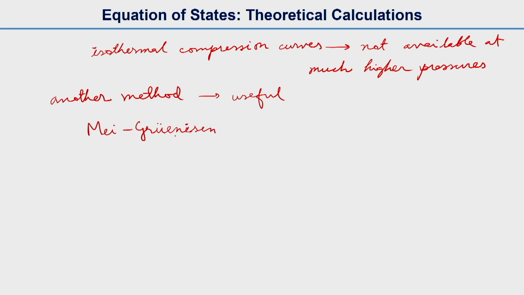It is pronounced, I think, Grüneisen, with two dots for the difference in pronunciation of this German word. So this is called the Mie-Grüneisen EOS.